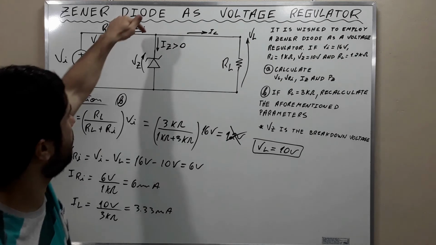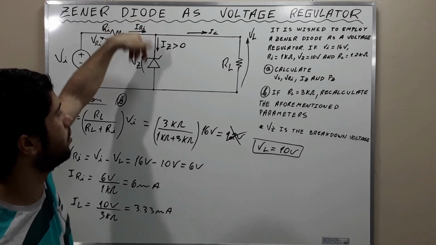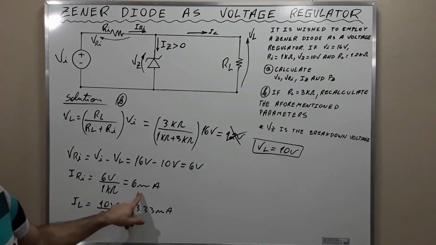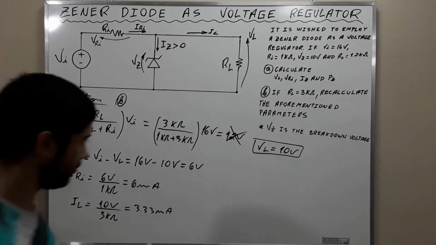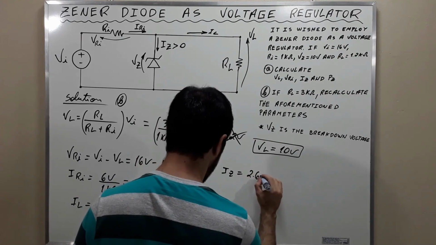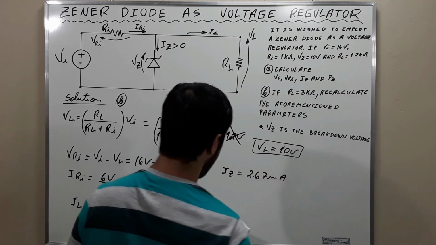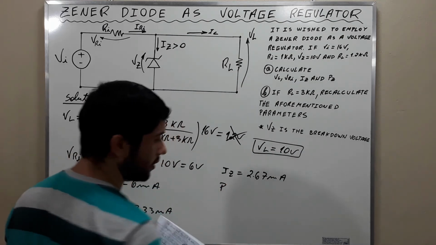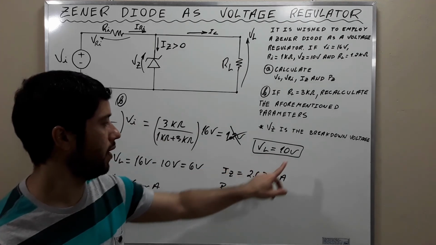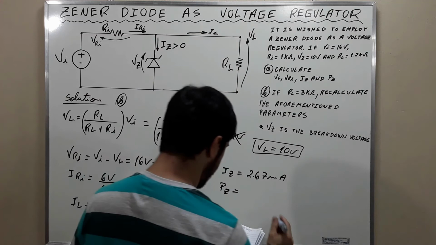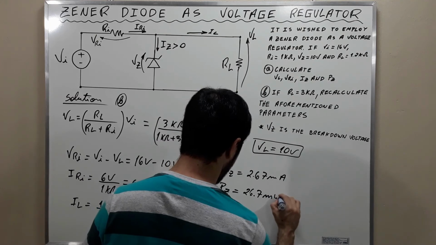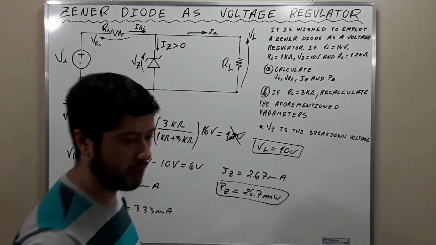And this current here, this net current that flows across the Zener, is equal to the difference, 6 milliamperes minus 3.33 milliamperes, so IZ is equal to 2.67 milliamperes. The power dissipated by the component, PZ, is going to be equal to 10 volts times this current, and the power is 26.7 milliwatts. Okay, my friends?